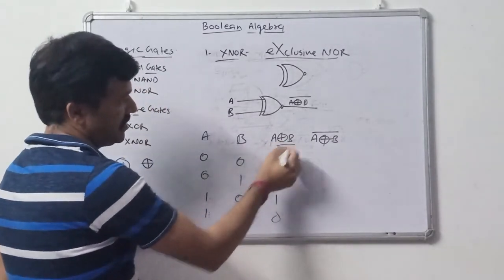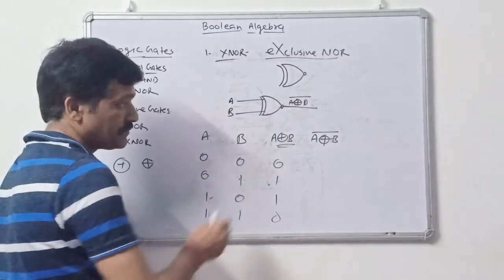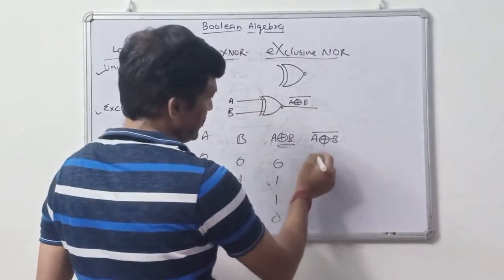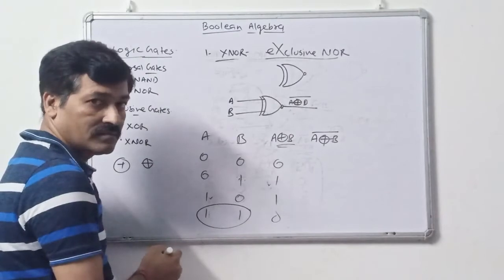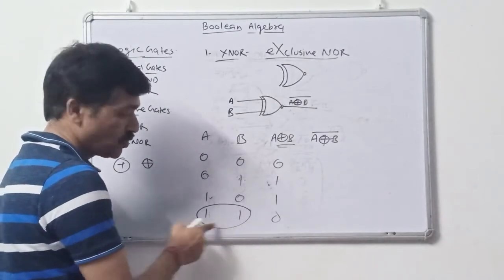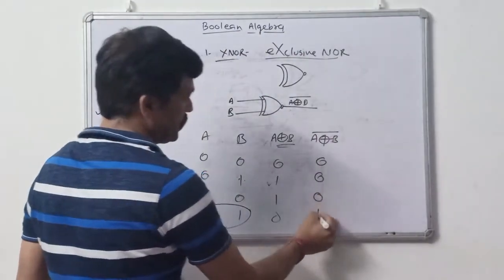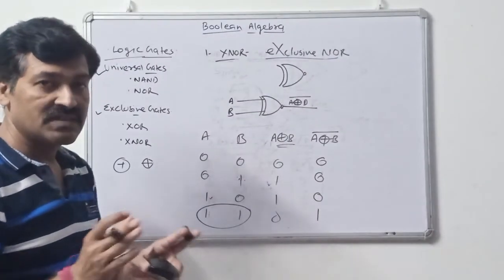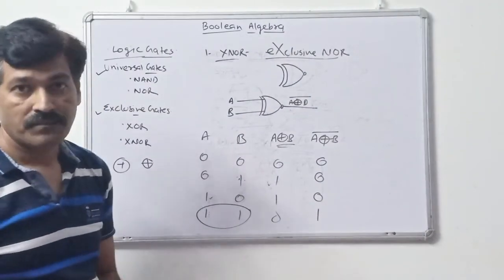With XOR, what happens? The odd numbers. And in this case, only an even number of inputs that are 1, true, will show you the true result. Here 0, 0, 0, 1. It reverses the XOR.